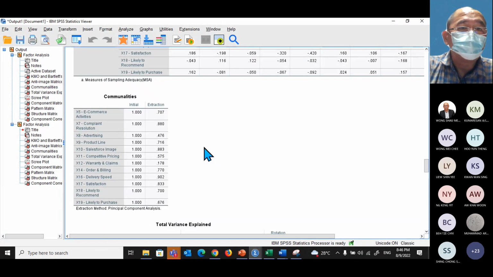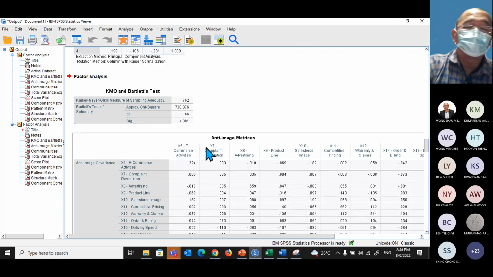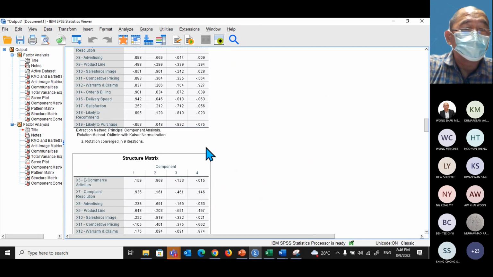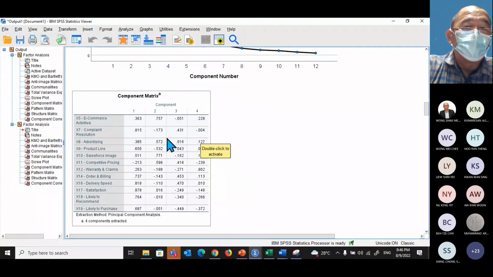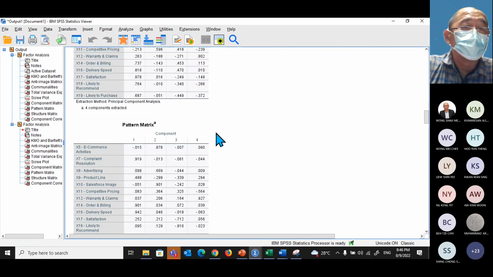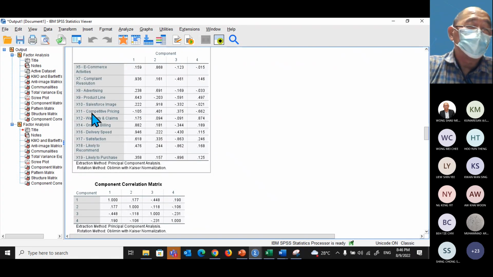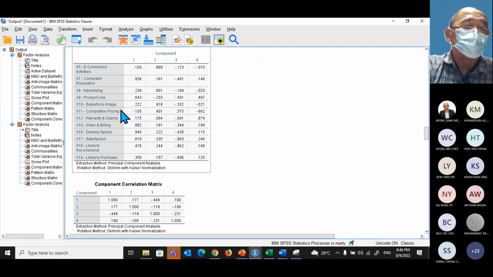For example, the initial one is data driven, and the component matrix gives us four components. But maybe there is more cross loading, meaning we don't know which factor a variable belongs to. Therefore we can do rotation. Rotation makes our life easy to classify, to know which variable belongs to which factor.